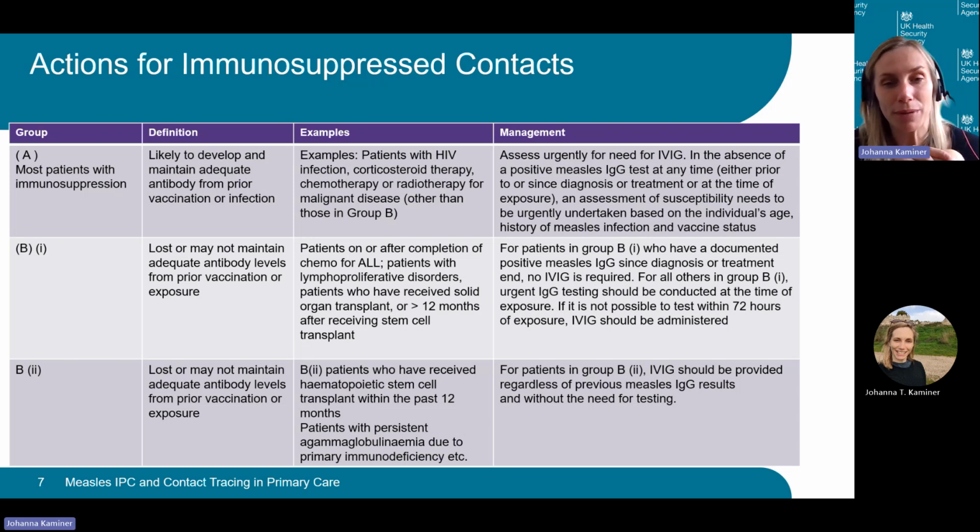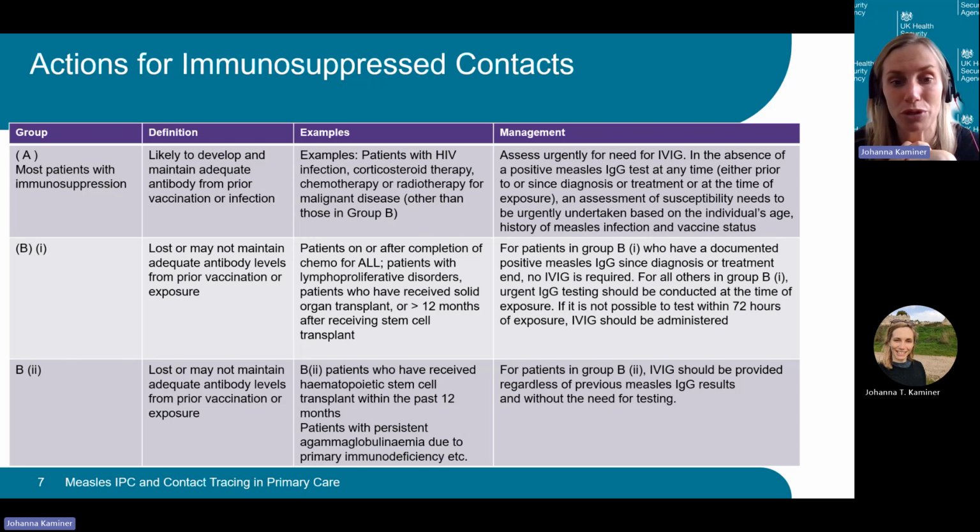Here too, the management depends on whether they have a positive measles IgG. For those patients in Group B1, if they have a documented positive measles IgG since diagnosis or treatment end, no IVIG is required. But for everyone else in this group, urgent IgG testing should be conducted at the time of exposure.